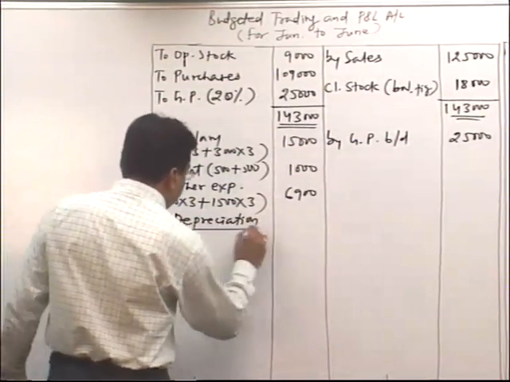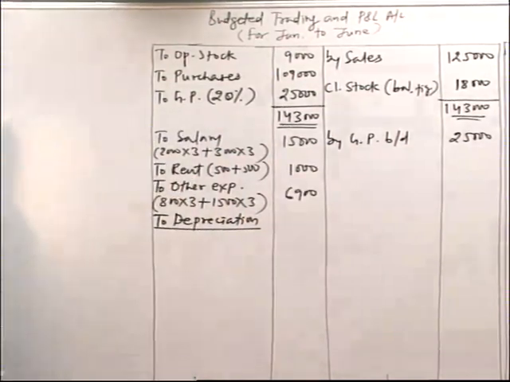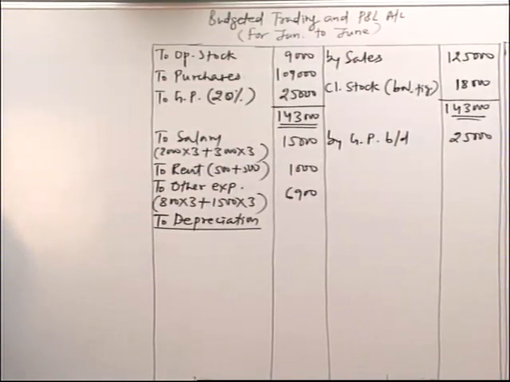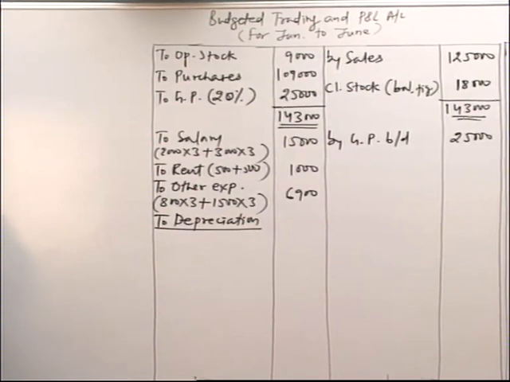Now for depreciation, please see the question. There are two assets. First, in the balance sheet, see there is old fixed asset where the cost is 25,000. And question says that you have to count depreciation on cost. Normally we count depreciation on book value, but here it is specific information, so we have to count depreciation on cost.